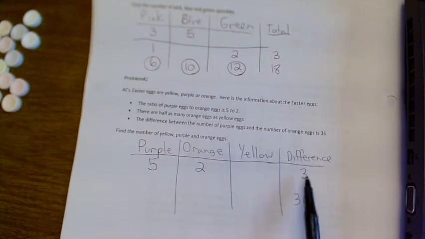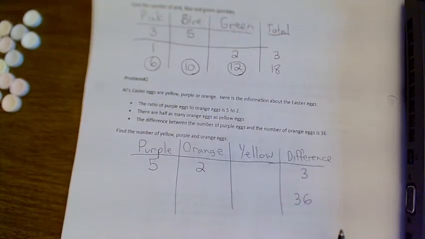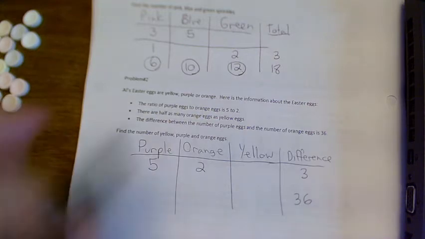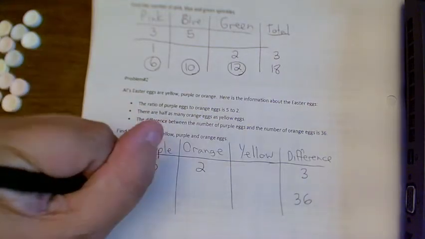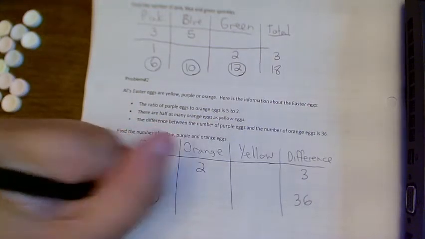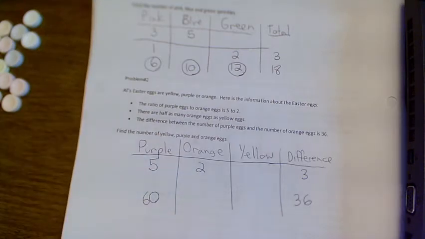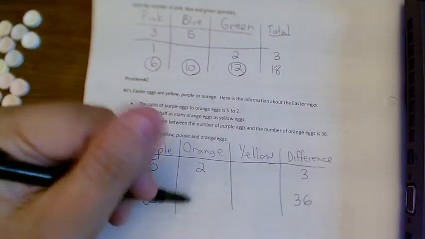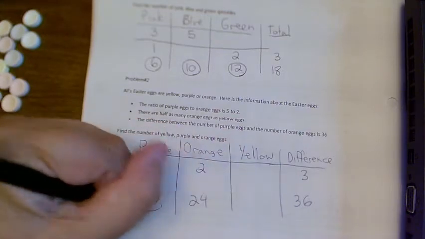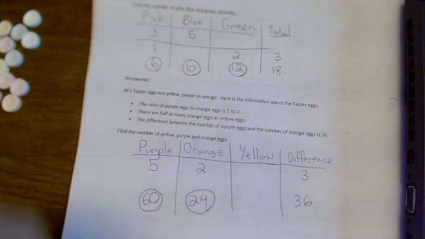So how would you scale up from 3 to 36? You could multiply by 12. So if we take 5 times 12, that would be 60. And then 2 times 12 would be 24. So we know there are 60 purple and 24 orange.